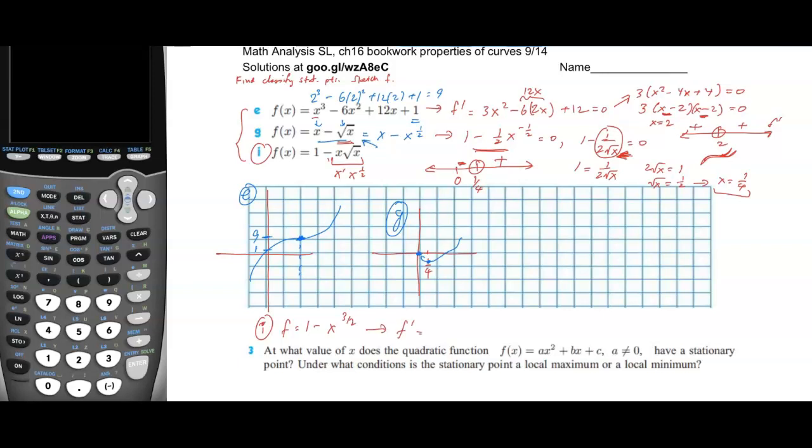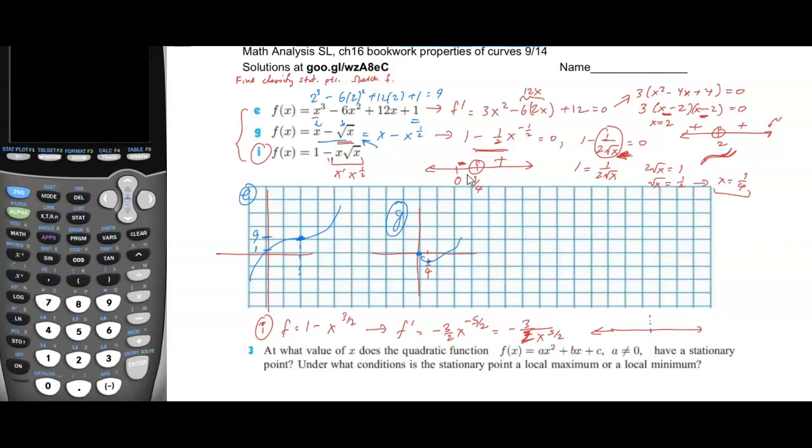The derivative is going to be negative 3/2 x to the negative 5/2, which if we wrote it as a fraction would look like x to the 5/2 here. Okay? All right, and if we made a sign diagram for this, basically at x equals 0, there would be an asymptote, right? Because we can't make the denominator 0.